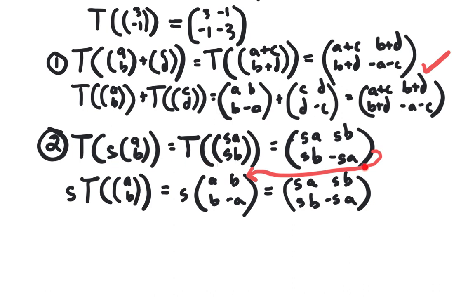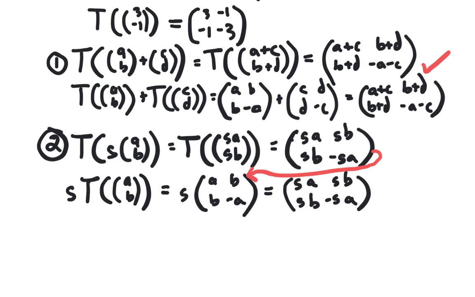We can either show that both things give you the same answer, or you can just do it in one string of equalities. So we go here, then here, then here, then here, then here. And for part one, the addition, that would work the same way. So instead of doing it two ways, we could have done it in one long string.